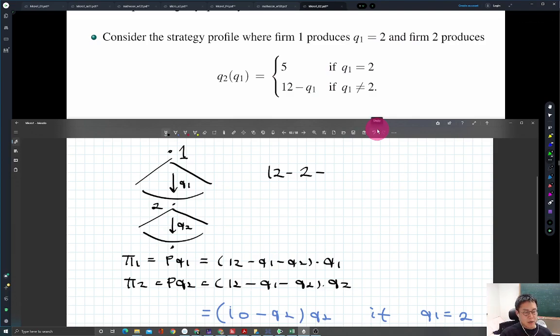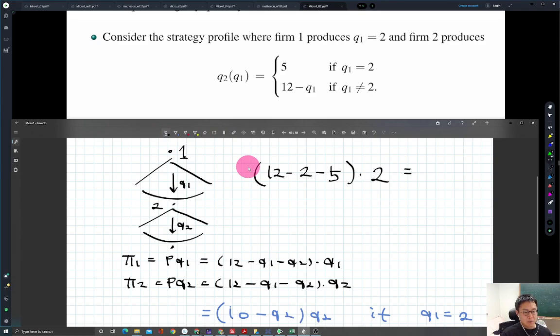So the market price becomes 7, and we multiply by 2 units. Oh, so Q1 is given by 2 instead of 5.